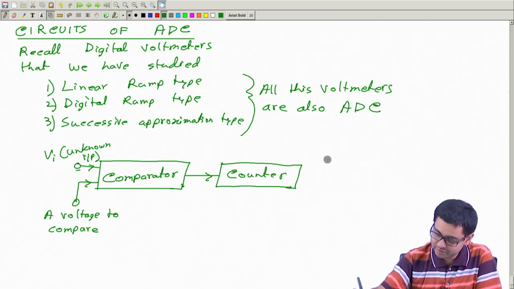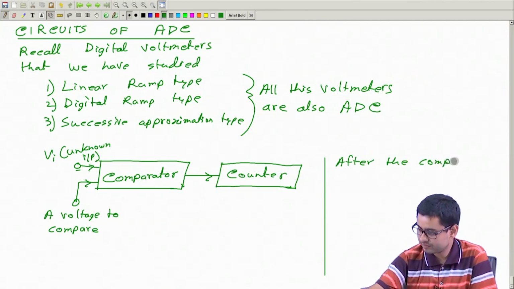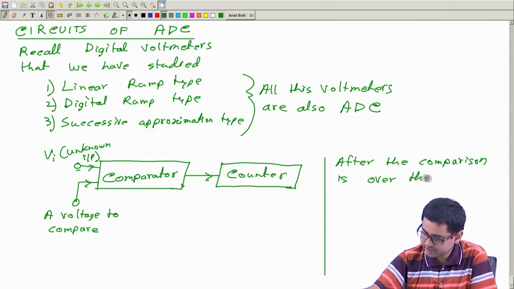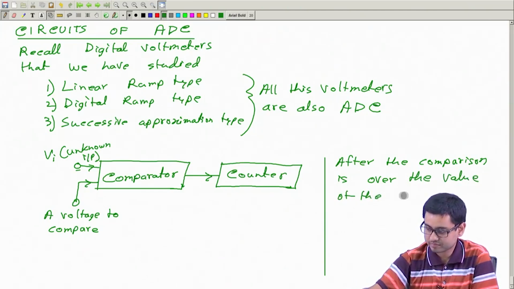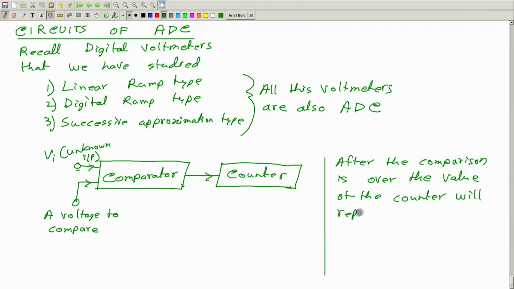That is what I am saying. Let me write: after the comparison is over, the value of the counter will represent the digital equivalent of Vi input.